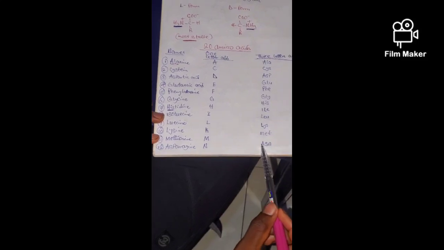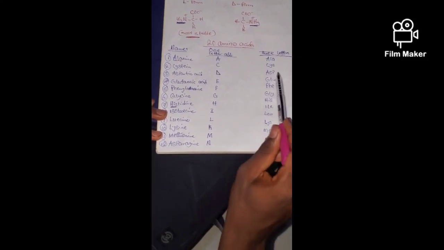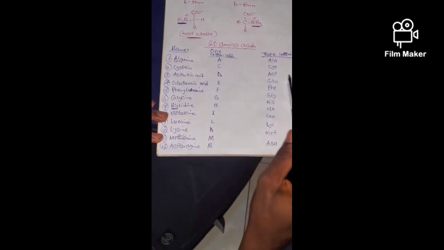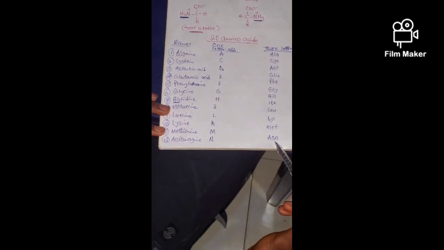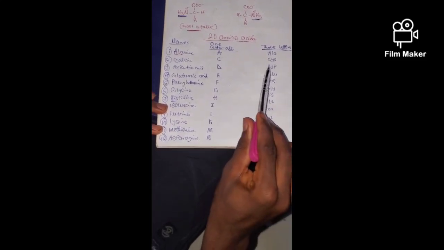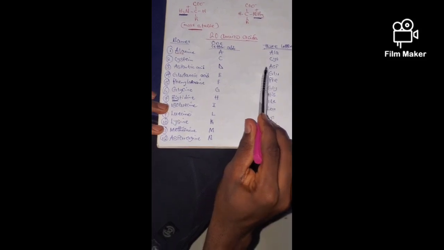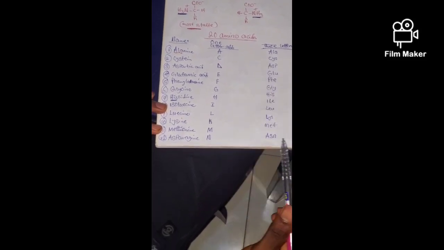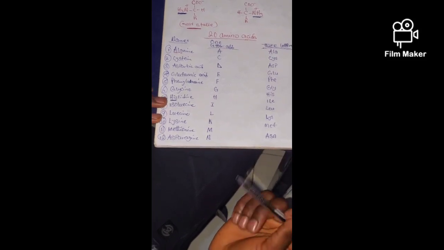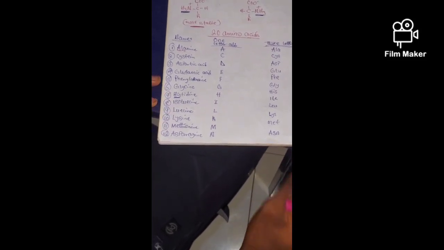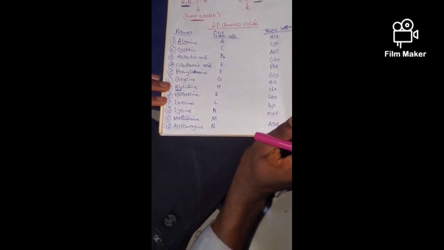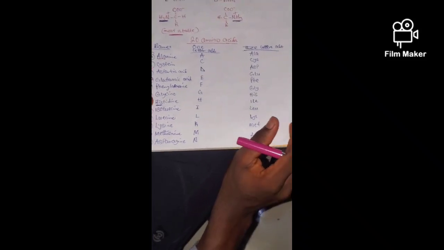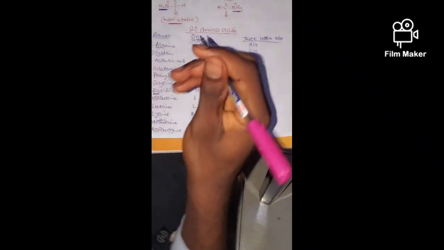If we used ASP again, it would be a tautology, and it would be very difficult to differentiate between the two amino acids. So we put N here to differentiate between the abbreviation for aspartic acid and asparagine. Okay, another amino acid that we have is proline. We have proline.